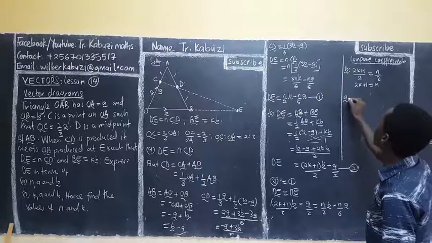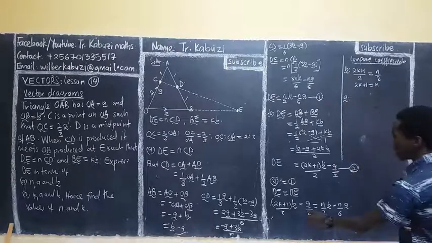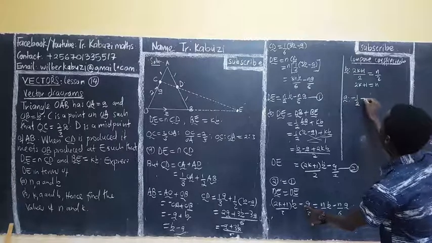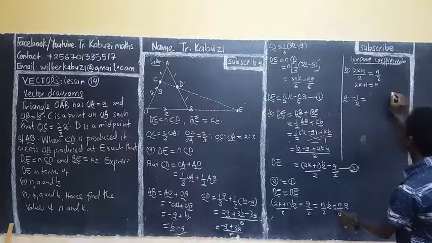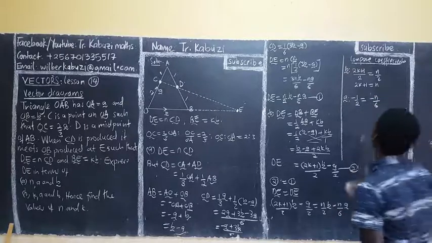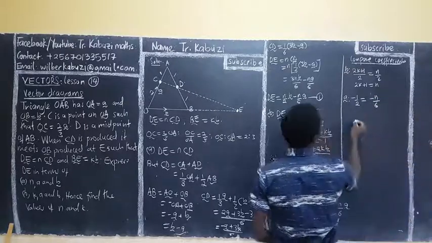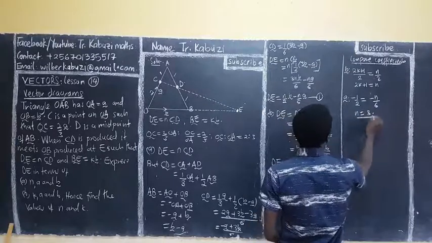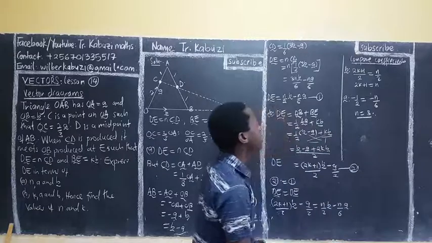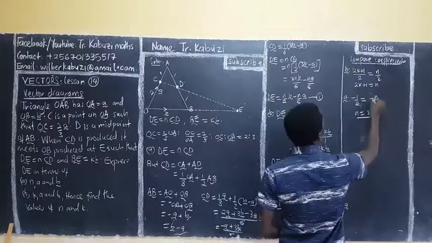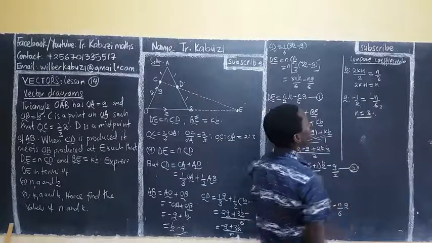Then the coefficient of A on this side is just negative, equal to the coefficient on this side, negative N over 6. The negative is going to cancel, and if you cross multiply, N is going to be 3. So N is equal to 3.